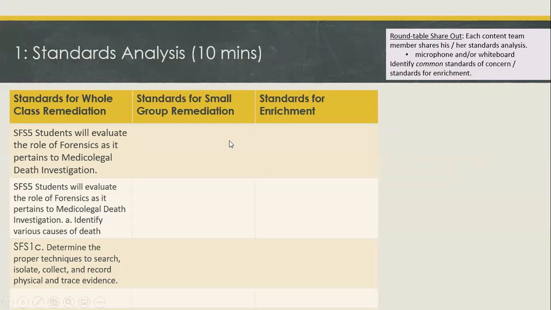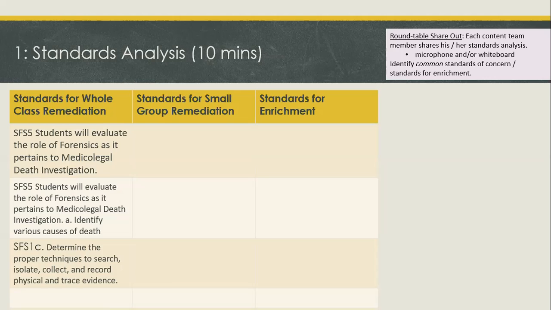Okay, so looking at our interim assessment 3, we found that these are the standards that our students didn't do quite so well on. Actually, the interim assessment went pretty well, but these standards are the ones they struggled with.